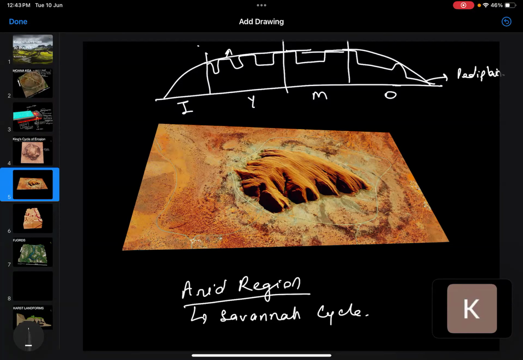Now, initially there is development of mesa, then there is development of butte, then there is development of a very sharp structure. It is called Inselberg. So this is seen in the evolution of the arid cycle of erosion or savanna cycle of erosion or King cycle of erosion.